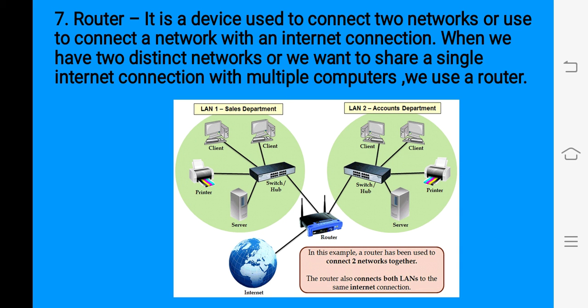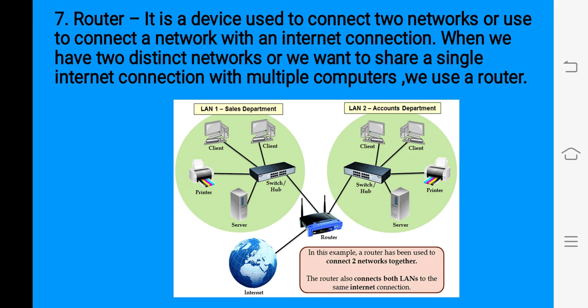Router. Children, a router is a device used to connect two or more networks. Also we can use a router to connect a network with the internet connection. When we have two distinct networks, two different types of network, and we want to transfer data between them, we use a router to give the connectivity between the two networks.